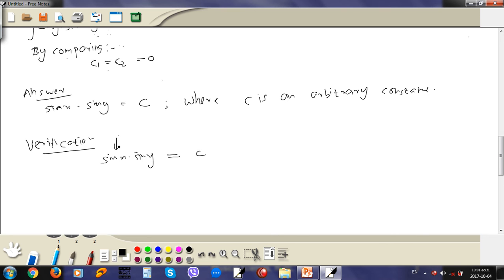So this is the derivative of a product. Taking sin y as a factor, the derivative of sin x is cos x dx, plus sin x times the derivative of sin y, cos y dy, equals the derivative of the constant, which is 0.